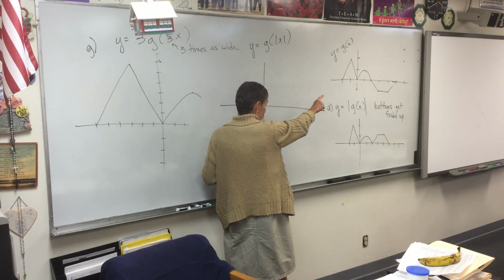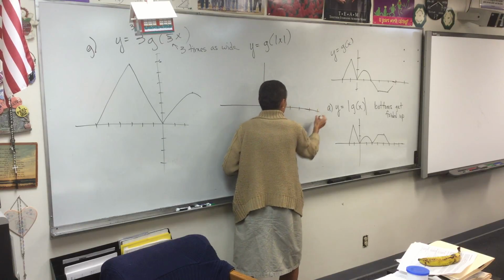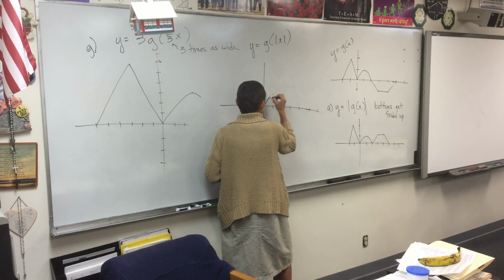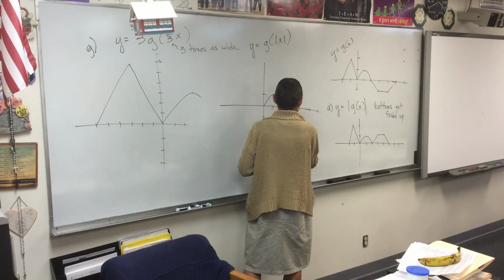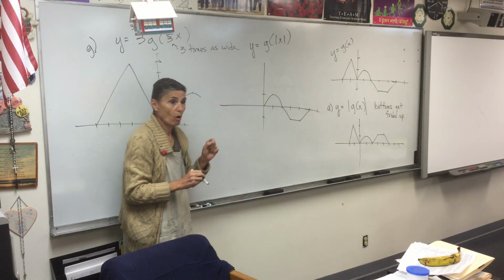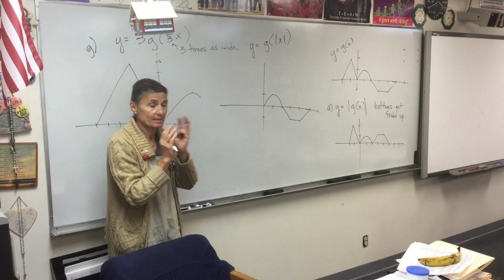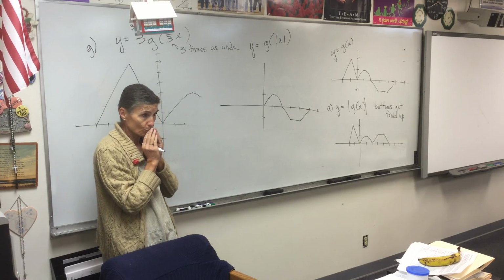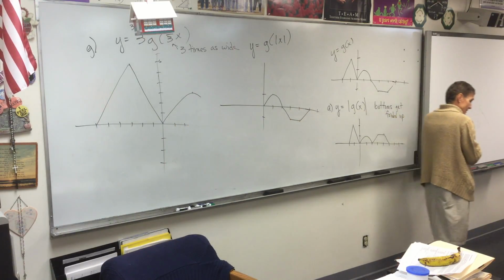Go back to your original picture, and anything that's on the right side of the original picture, I want you to redraw. So I'm going to redraw my circle, and I'm going to redraw my trapezoid. I want you to redraw the right side of your picture exactly as it is. Okay, so I'll wait for everybody to get that done, because the next step is wild and wacky.